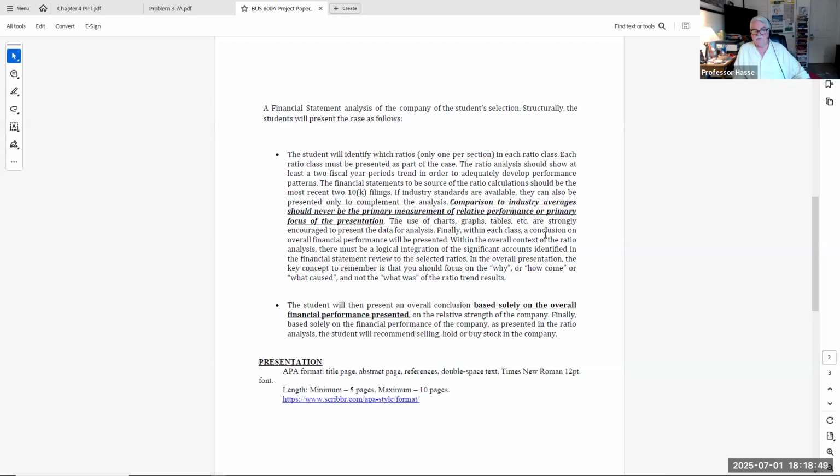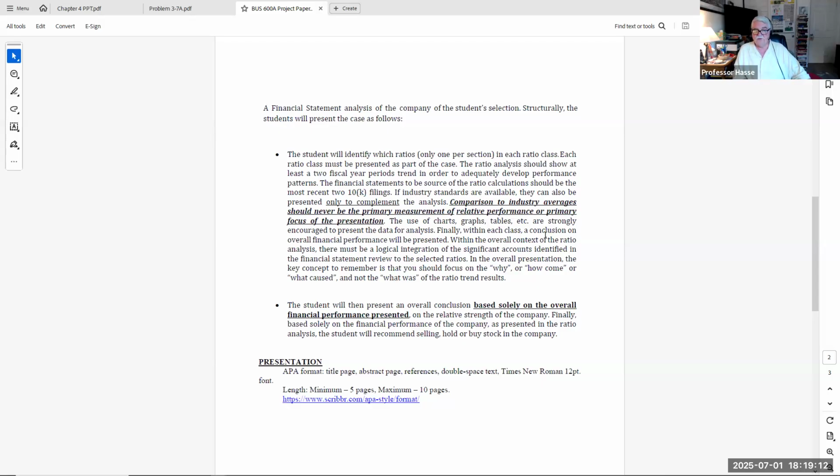Comparison to industry averages should never be your primary measurement of relative performance or primary focus of your presentation. Your primary focus of this financial statement analysis is to compare the trends internally within the company. You can take a snapshot of the industry and compare that to how the company is performing.